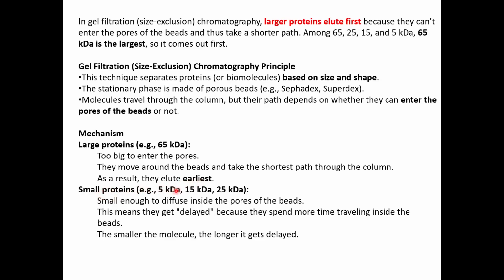Then small proteins like 5 kilodalton, 10 kilodalton, 15, 25 kilodaltons are small enough to diffuse into the pores. So this means that they get delayed, and because they spend more time traveling inside the beads, the smaller molecules will take longer and their elution, or coming out, will be delayed.